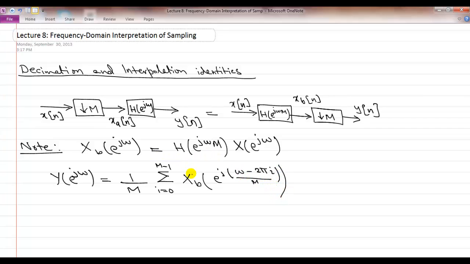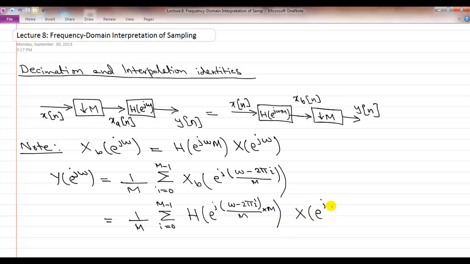Now I just replace the value of X_b there. I get 1 over M summation i equals 0 to M minus 1, H of e to the j omega minus 2 pi i over M times M, and X of e to the j omega minus 2 pi i over M. Okay.